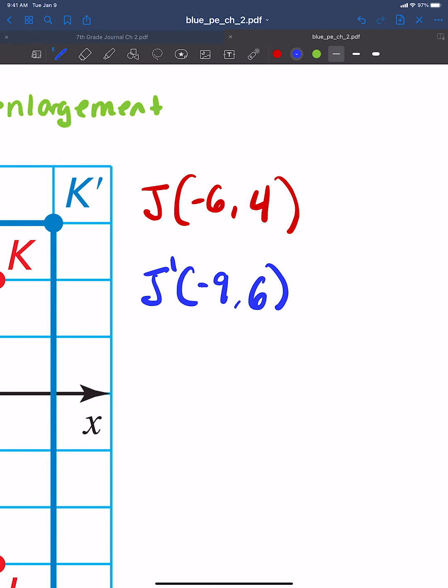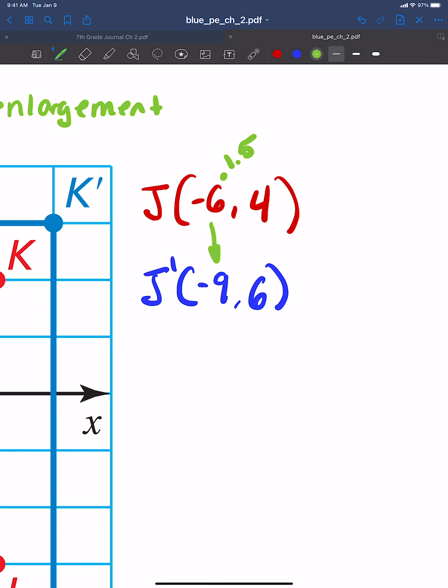So I need to ask myself, 6 times what gets you 9? 4 times what gets you 6? Now I know some people are thinking, Mrs. Ringler, 6 times nothing gets you 9. But if I take 9 divided by 6, I get 1.5, right? So technically, 6 times 1.5 does get you 9, okay?